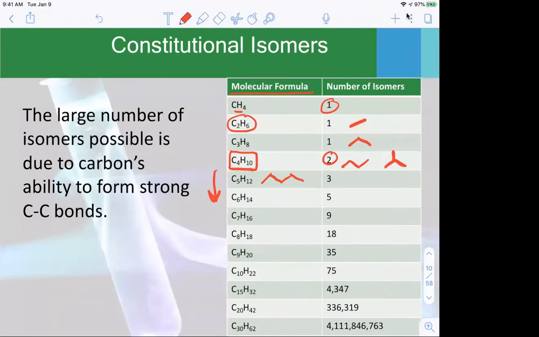Or I can branch. I could have 1, 2, 3, 4, and maybe I have a branch there. Notice that if I put my branch here, those are equivalent compounds. I have a carbon, then I have a branch, then a carbon with CH2, a carbon with CH3.